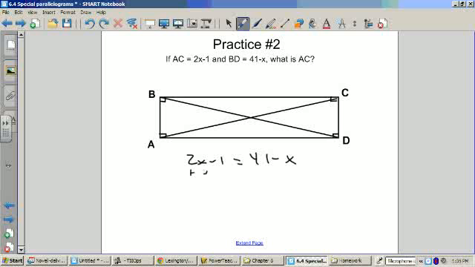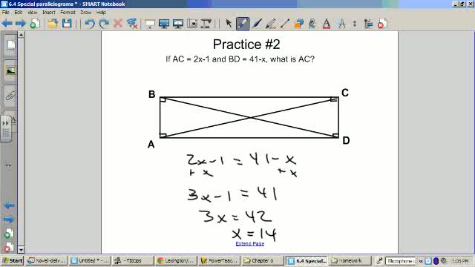I will add x to both sides of the equation, and I will get 3x minus 1 is equal to 41. Adding 1 to both sides of the equation, 3x is equal to 42. Dividing through by 3, x is equal to 14.